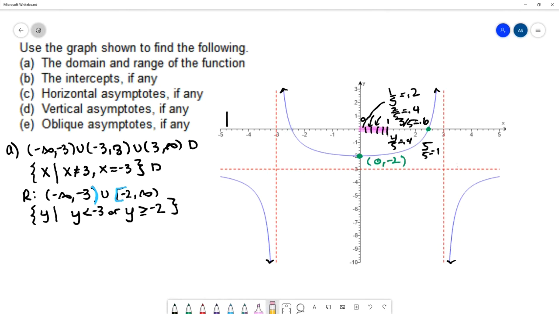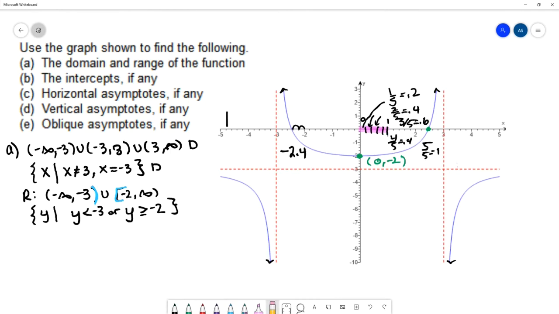So let's see if we can figure this out. We've got our x-intercept here. I'm going to erase that so we can see the tick mark. So we've got 1 tick mark, 2 tick marks below. So that's going to be -2.4.